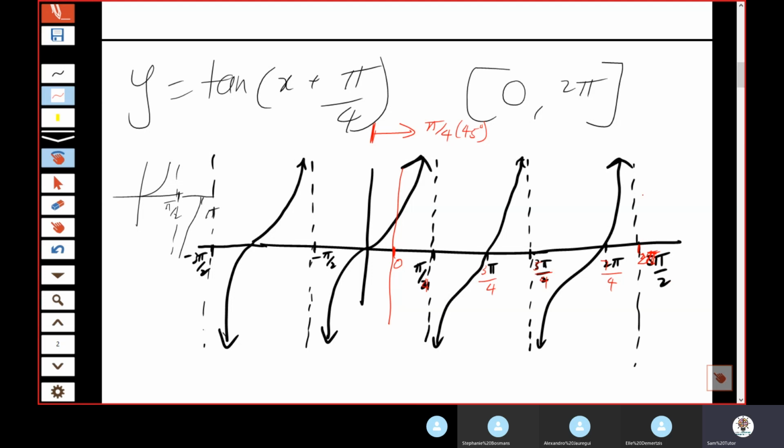Wait, is that 5 pi on 2 the asymptote? It is, isn't it? Stop making mistakes. 360 plus 5 times 180 divided by 2. Yeah, that's 450. So 360 plus 450 divided by 2 is 405 degrees, which is right here.